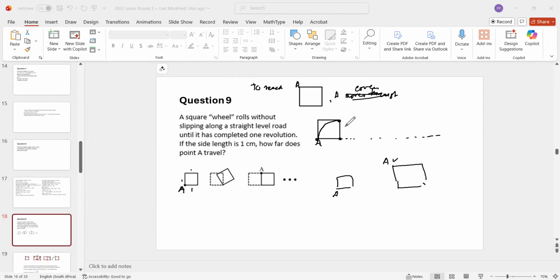So this is a quarter of a circle, and you want a quarter of a circumference. The side of the square is 1, so the circumference is 2 pi r, 2 pi times 1 for the full circle with radius 1, but this is just a quarter of a circle. So A travels this distance, which is pi over 2.